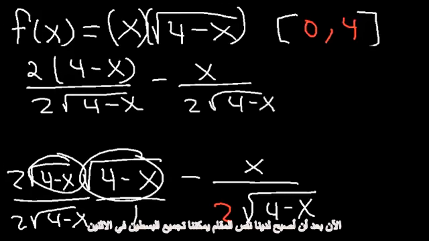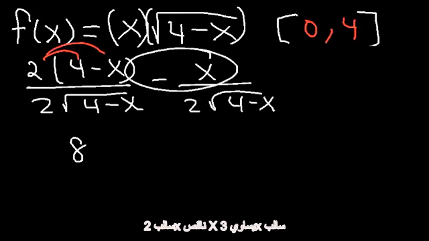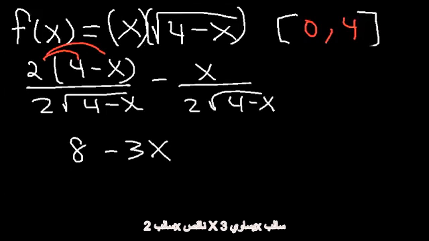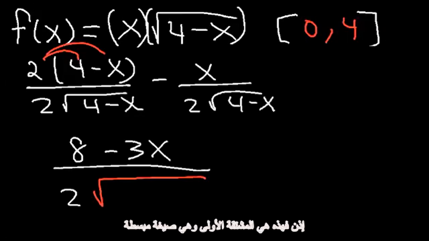Now that we have the same denominator, we can combine the numerators of the two fractions. So 2 times 4 is 8 if we distribute the 2. 2 times negative x is negative 2x minus x, that's a negative 3x. So this is the first derivative in its simplified form.